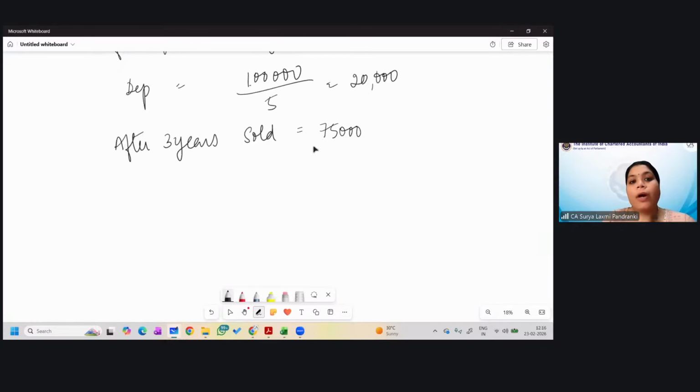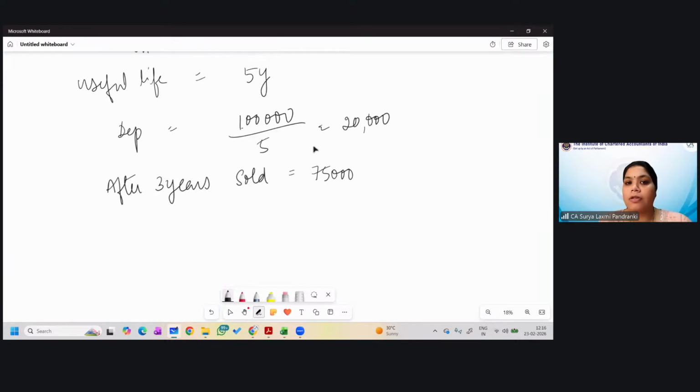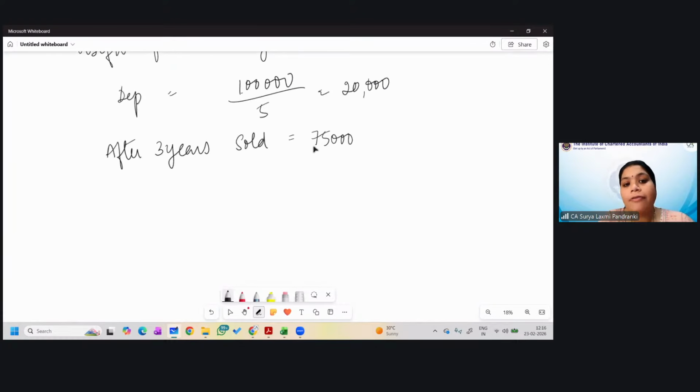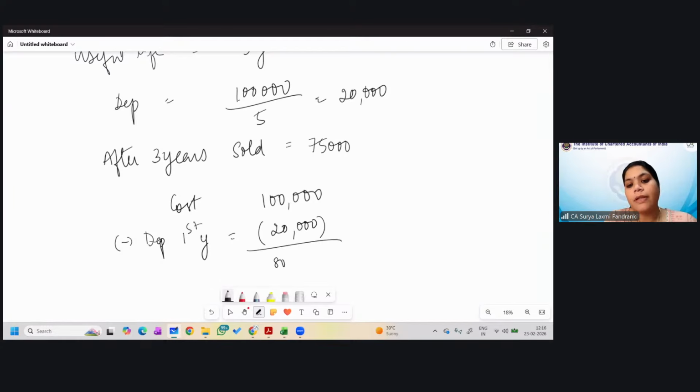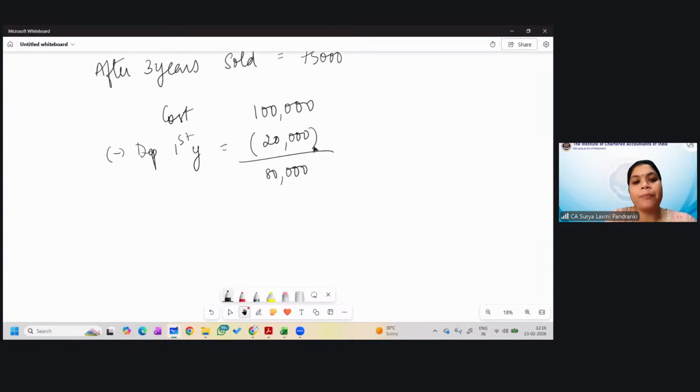Now you are going to calculate whether it is a profit or loss on sale or disposal. How will you do that? After 3 years means 3 years' depreciation has to be calculated. Cost is 1 lakh. Depreciation for the first year is 20,000, which gives me 80,000.